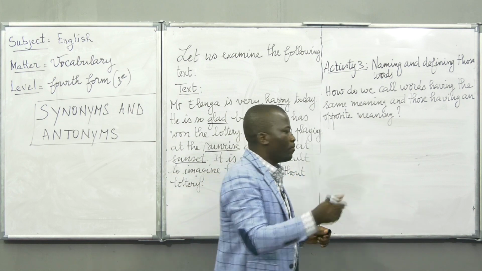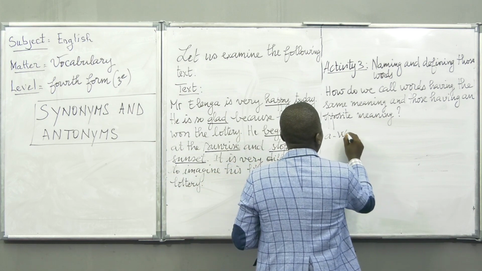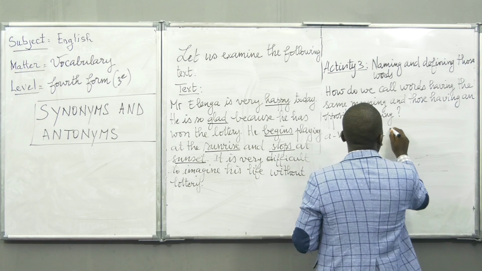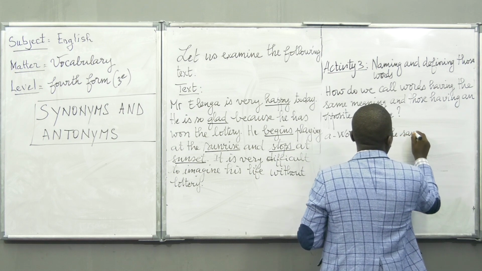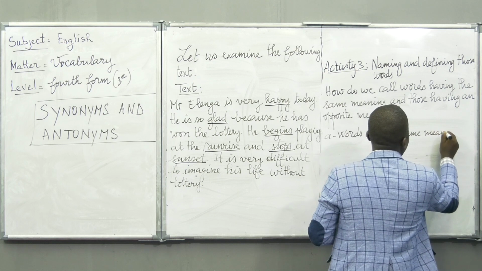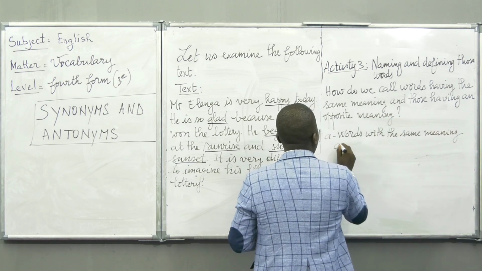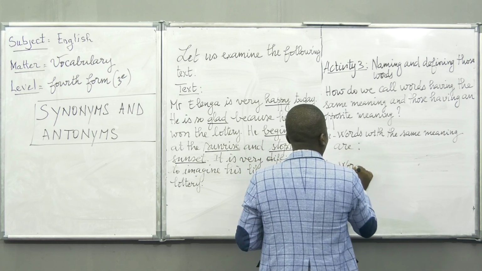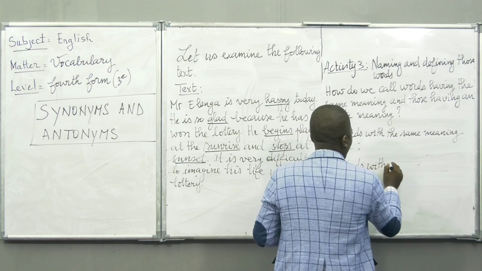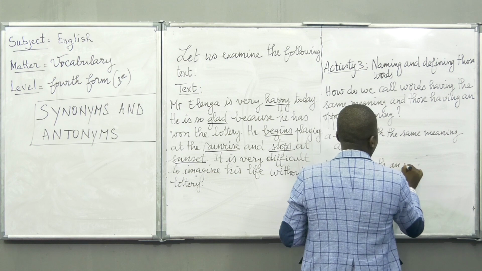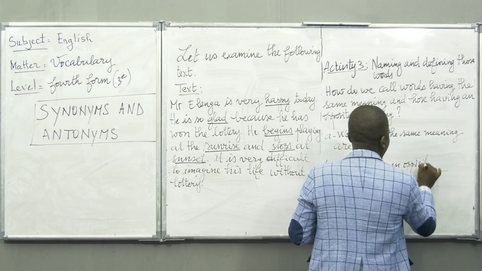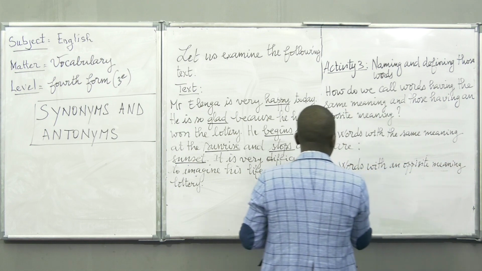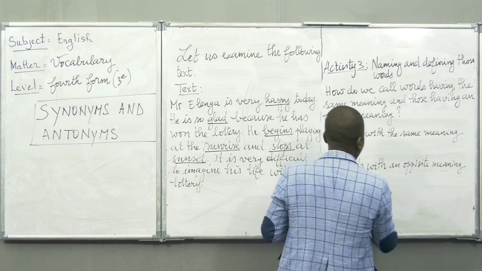Now, A, words with the same meaning are, colon. Now B, words with an opposite meaning are dots.